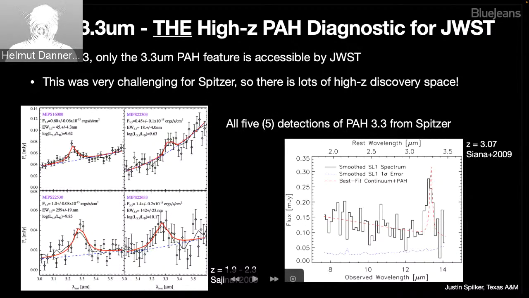These are the only 5 detections of this feature at high redshift. They go out to about redshift 3 here. And the previous highest redshift detection of a PAH feature was the result of a heroic 24-hour on-source Spitzer observation of a galaxy at about redshift 4. That was work that was heroically championed by Alex Pope and Lee Armus.